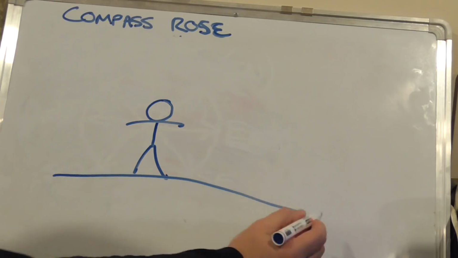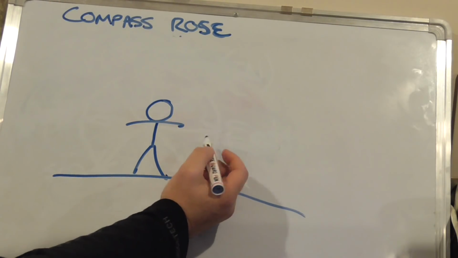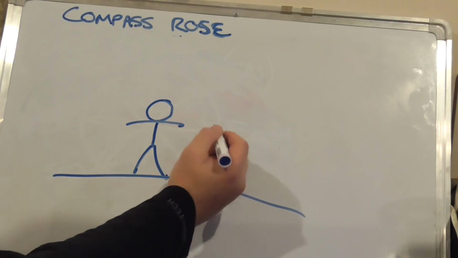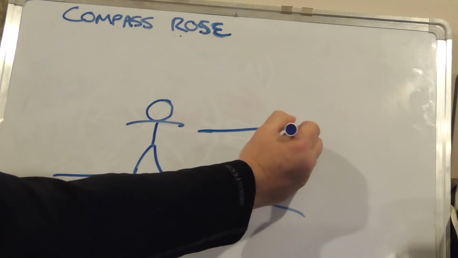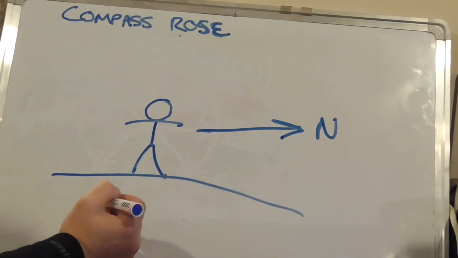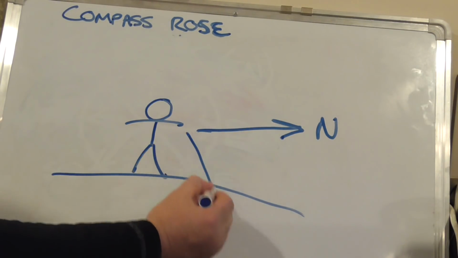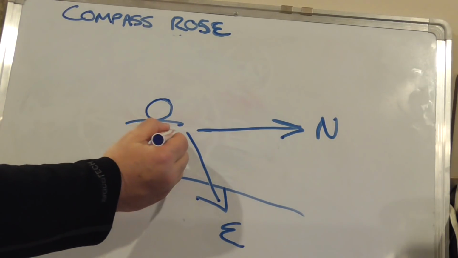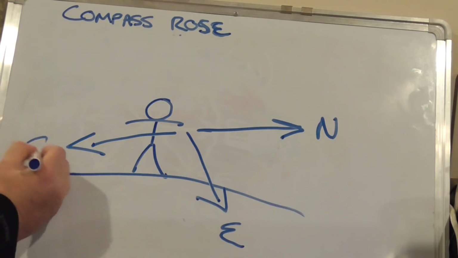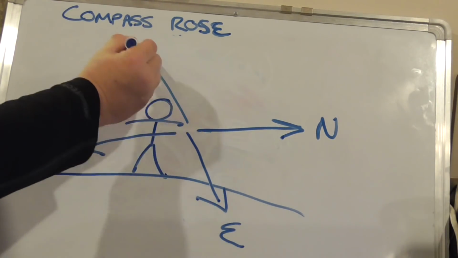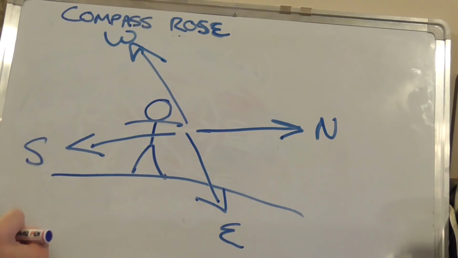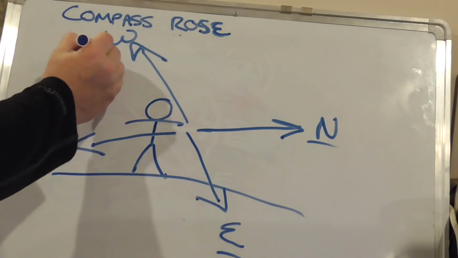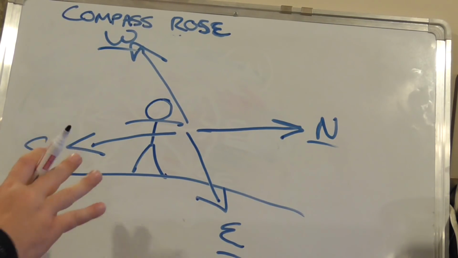If he was looking in a northerly direction, north might be out that way, which means east would be out in this direction, and then of course south would be out in this direction, and of course west would be out in that direction. So there's our thing: never eat sausages wet. And obviously he would be doing this on the land.